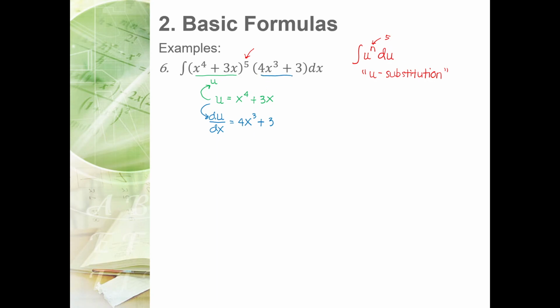Now, to apply the dx, we'll be multiplying dx to the other side. So that will be du equals 4x cubed plus 3 times dx. So this term here is the du above.